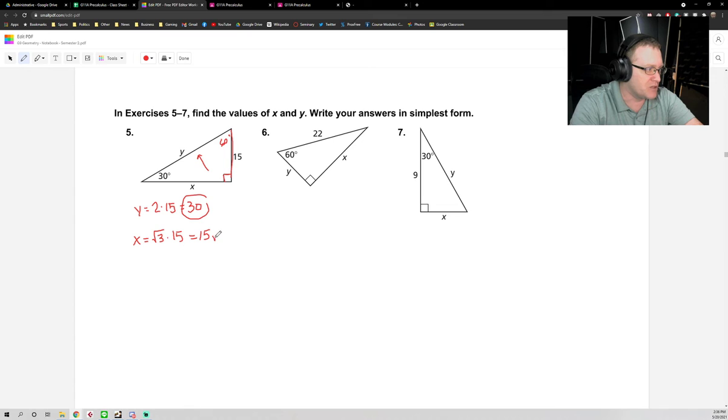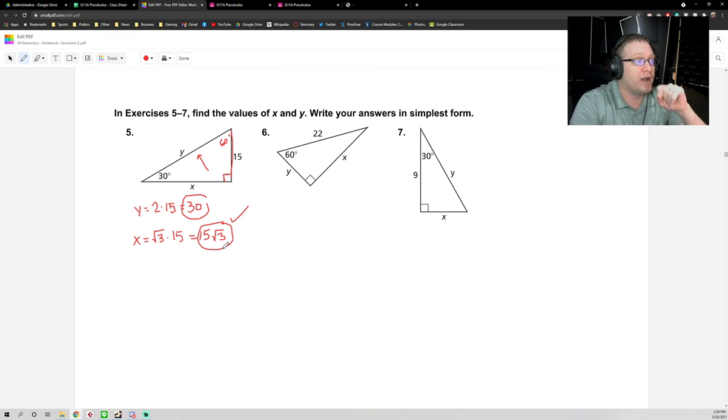So 15 times the square root of 3. And that's it. That's all you have to write. You don't have to do anything else. Don't write a decimal point. If you multiply this out, it'll be 20 something point blah blah blah. I don't want that. All right? We want an exact answer. This is the answer. So just write this. And we're done. Y equals 30, x equals 15 times the square root of 3.